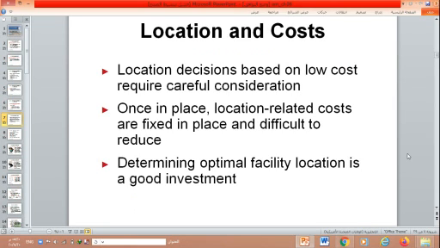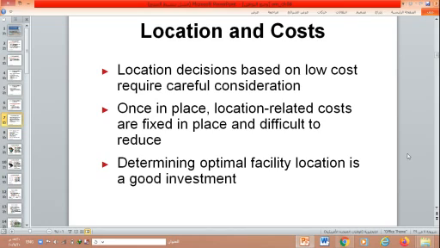Location and costs. Location decisions based on low cost require careful consideration. Okay, as we said before, cost is not the only criterion in facility location, but we have to be careful about it and take it into consideration. Once in place, location-related costs are fixed and difficult to reduce.